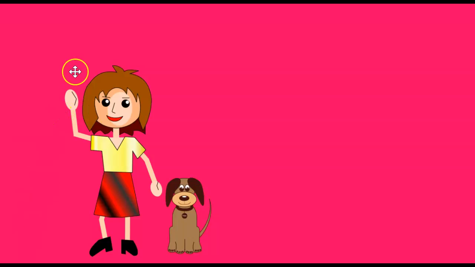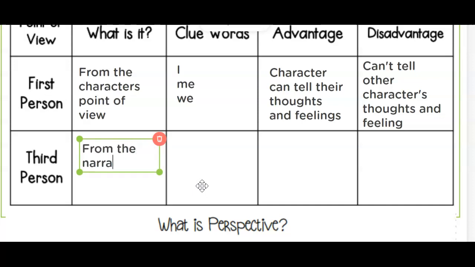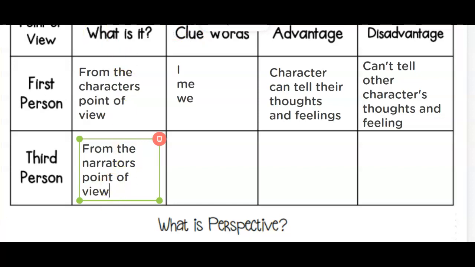So the narrator knows the thoughts of Julie, and he or she knows the thoughts of the dog and everyone else that's around them, so they can add that into the writing. So what is third person? It is from the narrator's point of view.